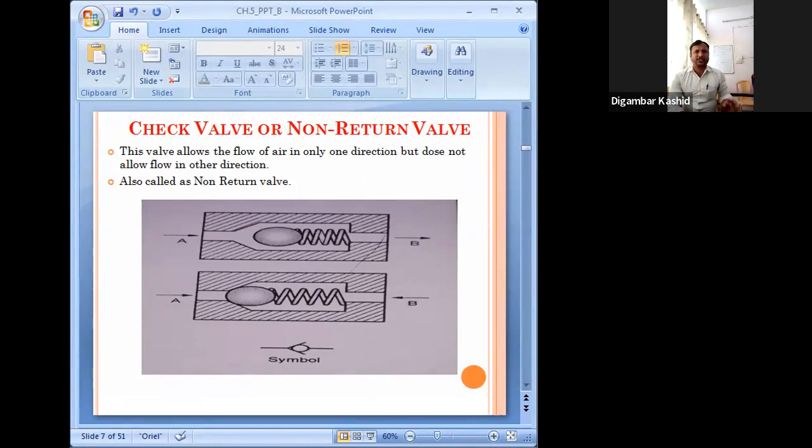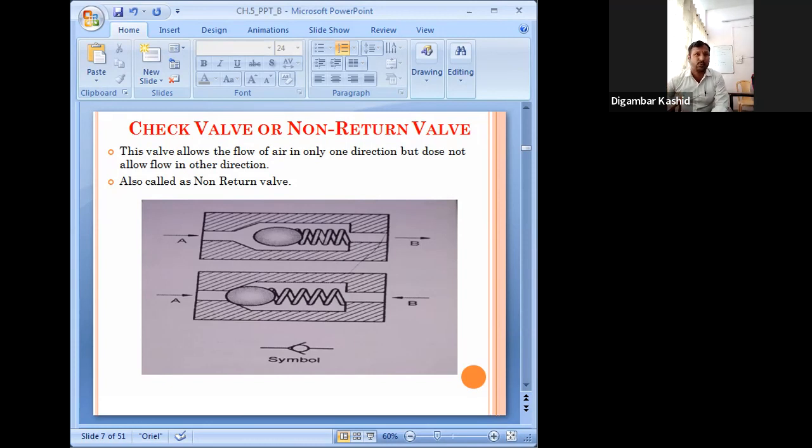But if fluid comes from port B and wants to exit from A, it does not give any permission to flow in the opposite direction. So please remember, a check valve allows free flow of compressed air in only one direction.